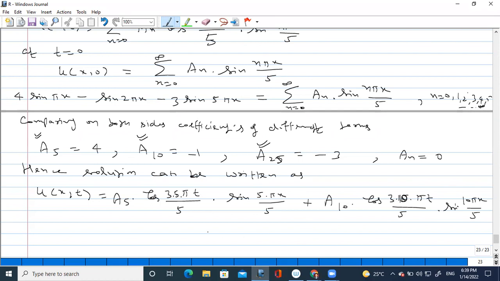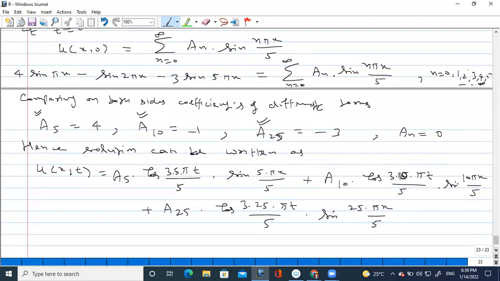Okay, next term is A25 into cos 3 into 25 into pi t divided by 5 into sine 25 pi x by 5. Okay, so now we will solve it. Now put the value of A5.